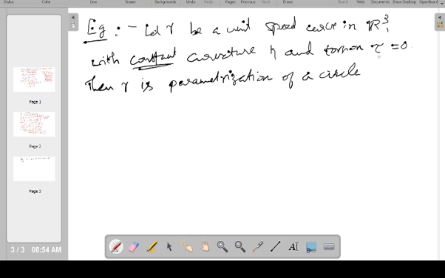Now torsion tau equal to 0 means the curve gamma is a plane curve. So gamma lies on a sphere and on a plane. That means gamma must be a circle. That's what we expect, and that is what we want to prove. Gamma is a parameterization of a circle, or at least part of a circle.